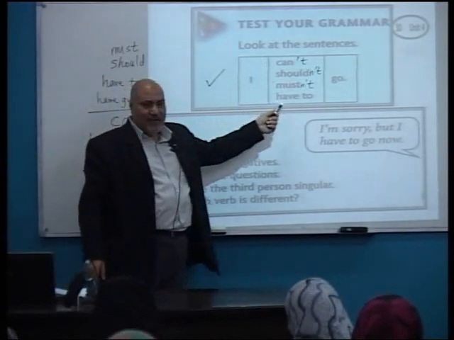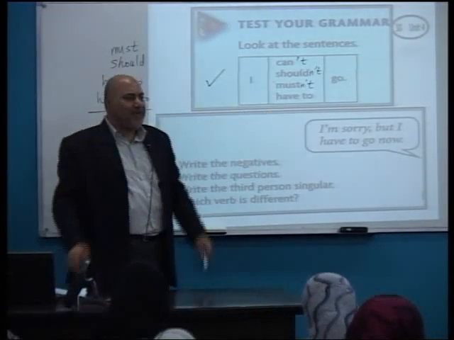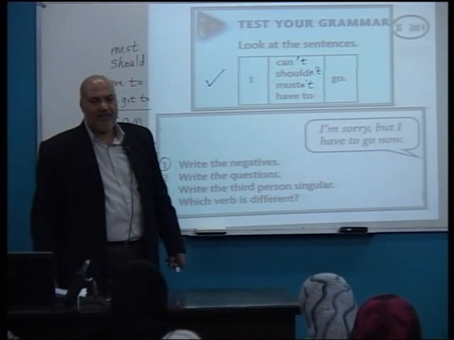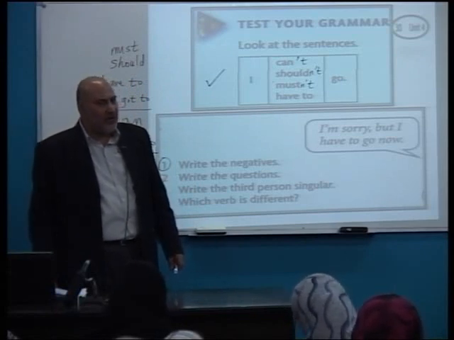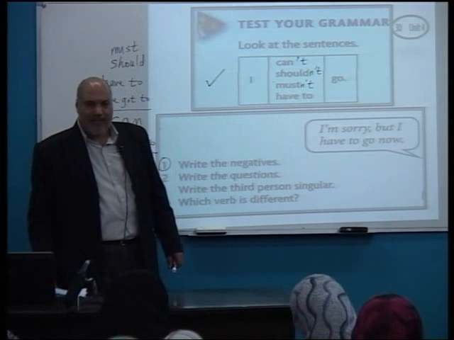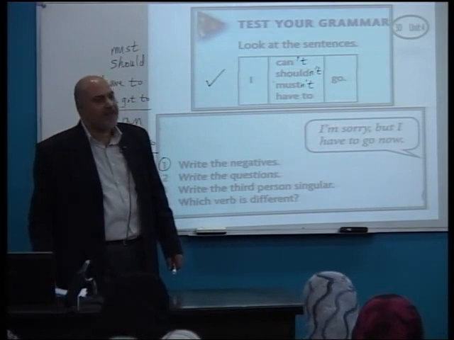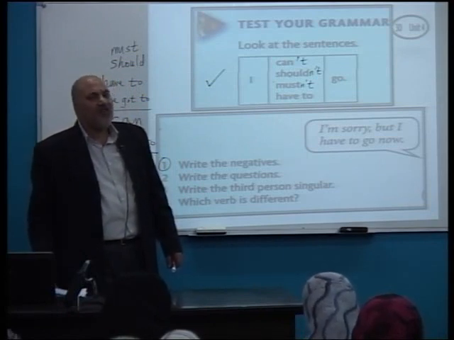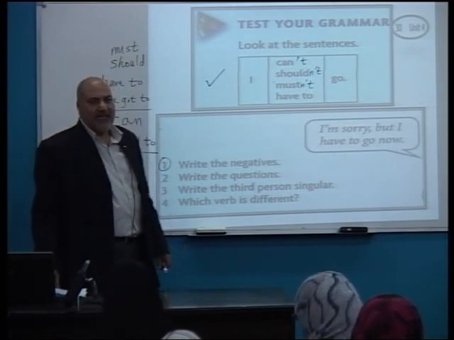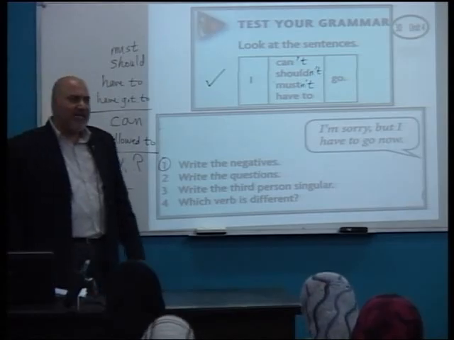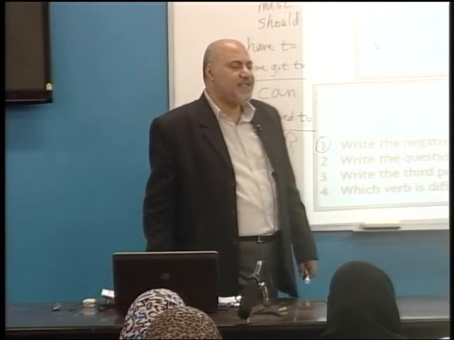But this one is like the modal verbs, but it is a full verb. It has the meaning and the use of the modal verbs, but it is really a full verb in form.